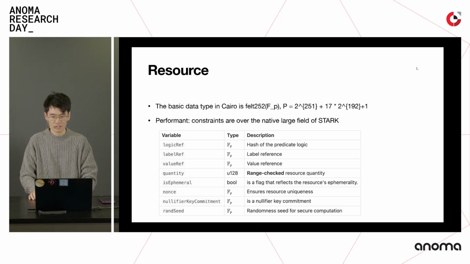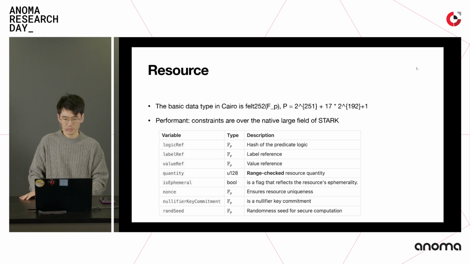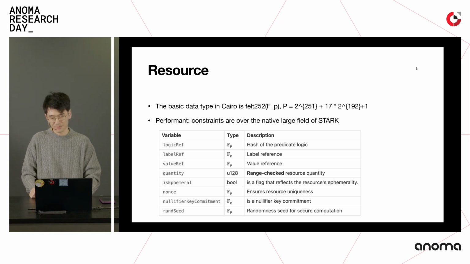Next, we also have the nonce to ensure resource uniqueness. We also have special constraints over the nonce to make it unique and to avoid maliciously setting the nonce to create duplicate resources.